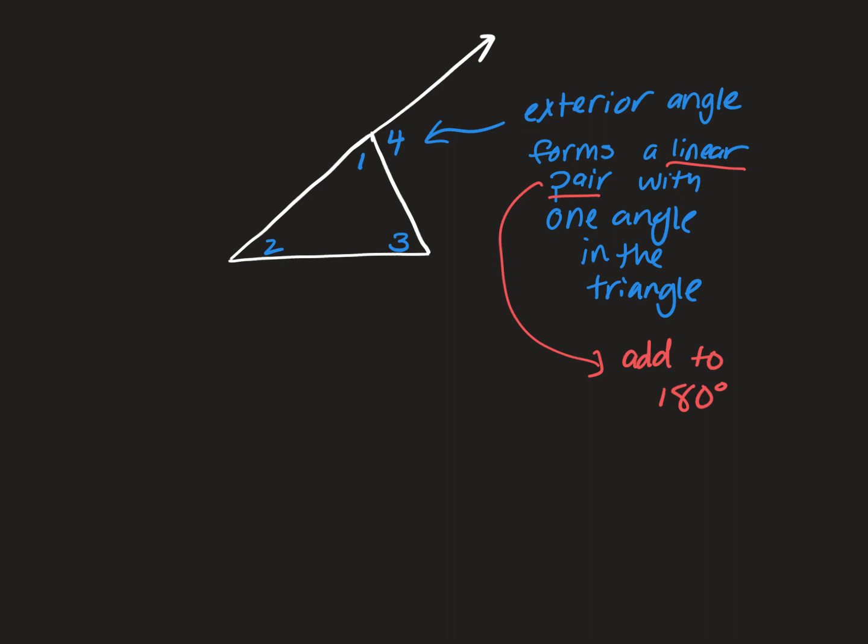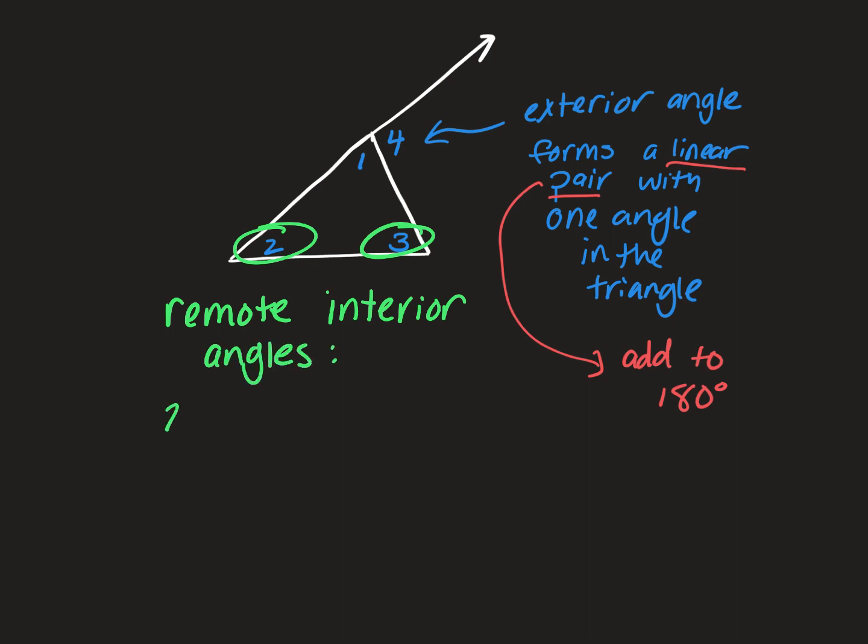All right, and so then in this example, angles 2 and 3 would be called the remote interior angles. These are the two angles that are not touching the exterior angle.